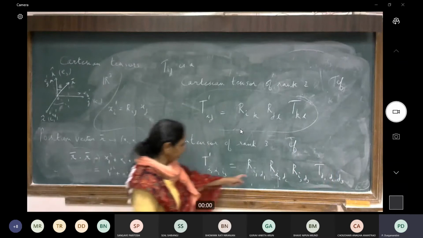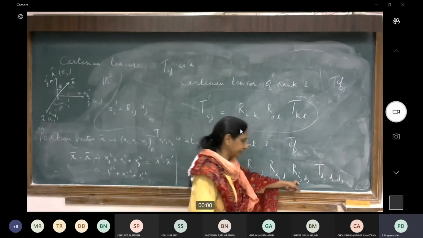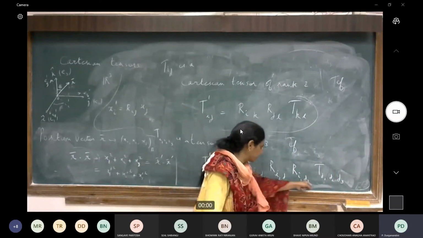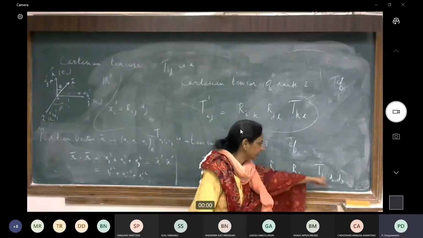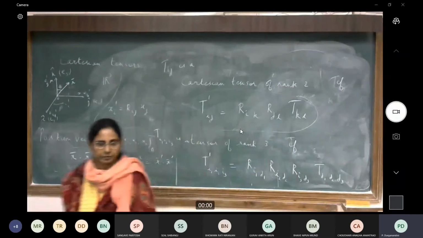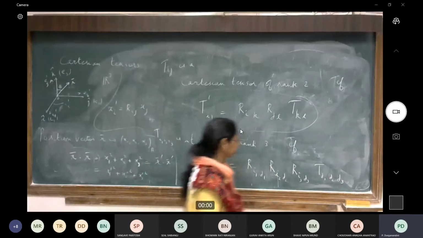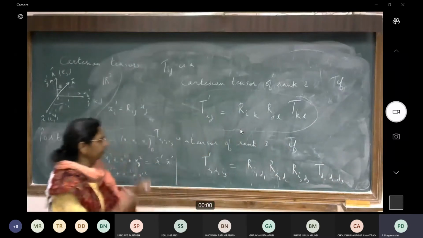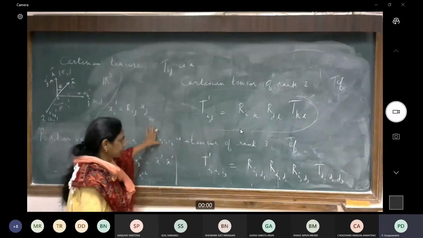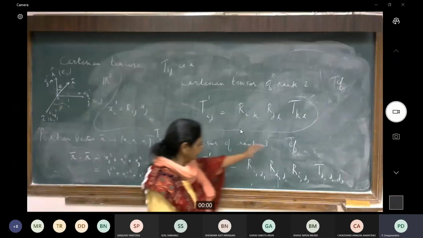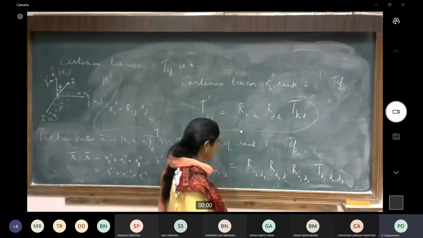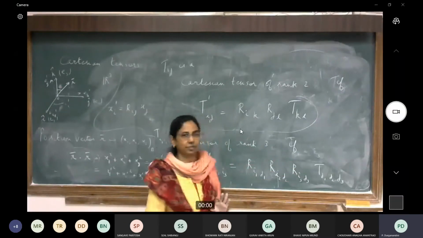And again, you can see that the first index in each of these R's is a free index. The second subscript in each of the R's is a dummy index, which is getting summed over with these T's. So if the 27 elements of this object get mixed up under rotation transformations in this fashion, then I will call this T a tensor of rank 3.